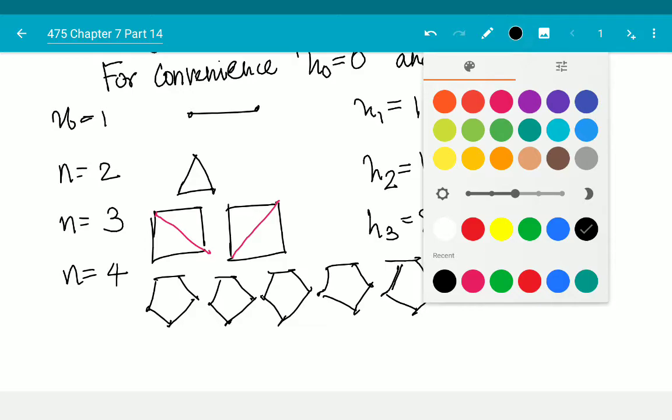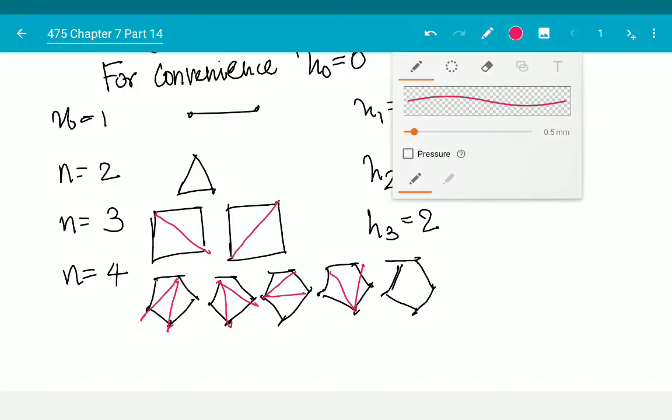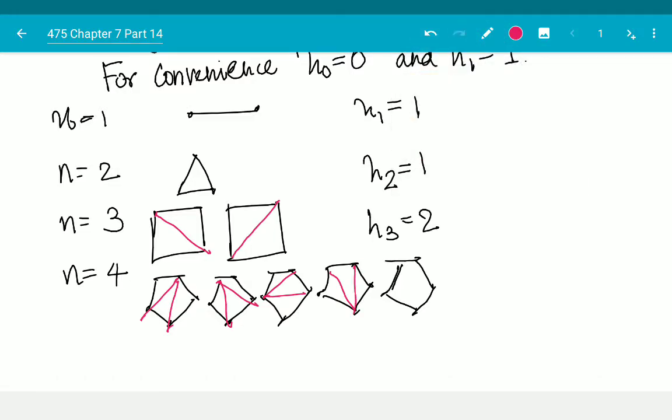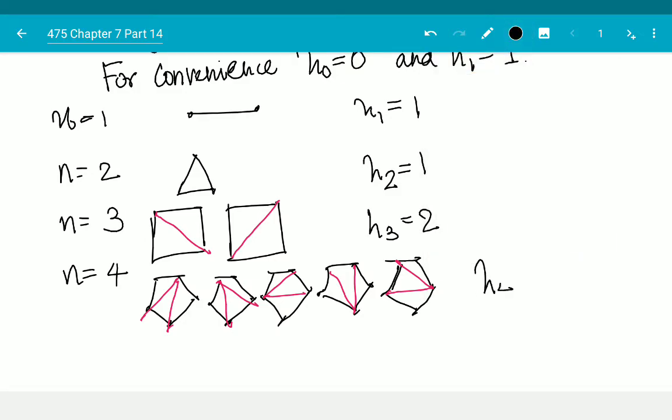And as you can see from the number of shapes I have drawn, there are 5 ways of doing this: 1, 2, 3, 4, and 5. You can check that these are the only 5 ways. h(4) is equal to 5.